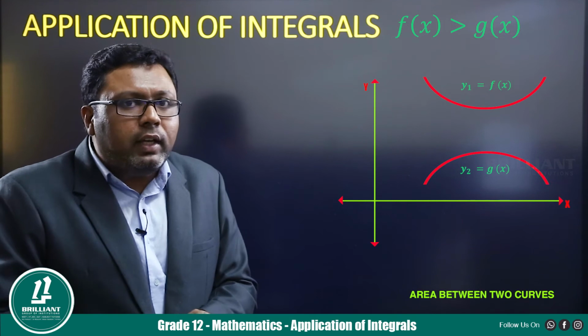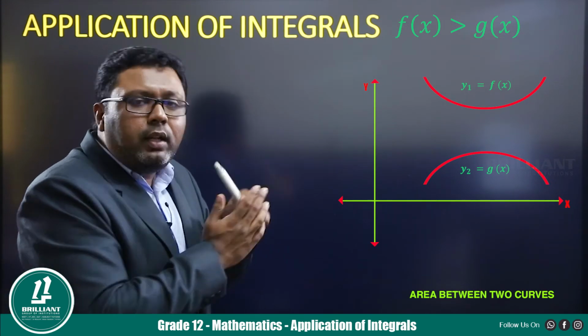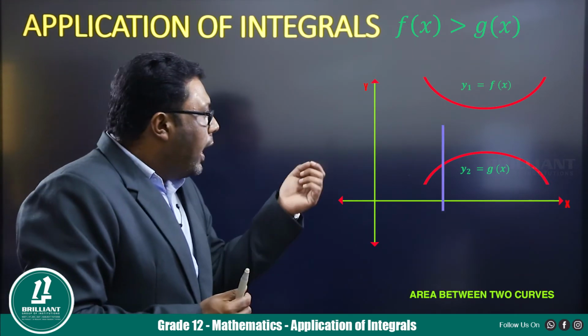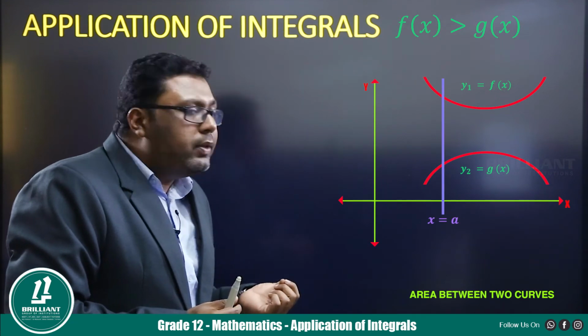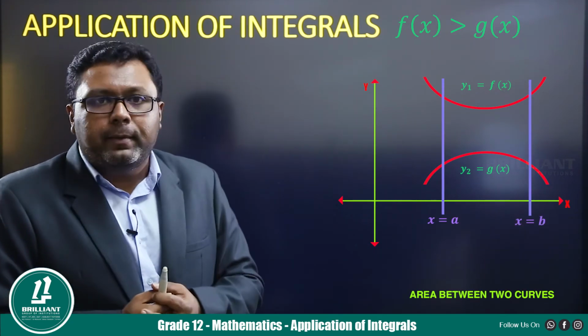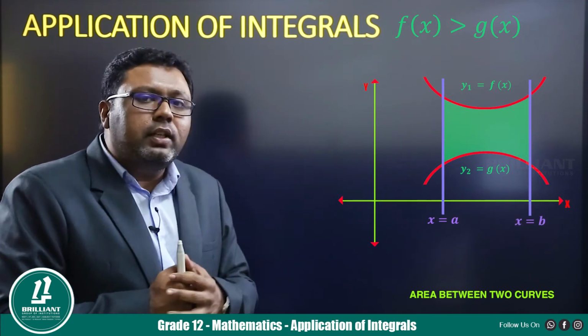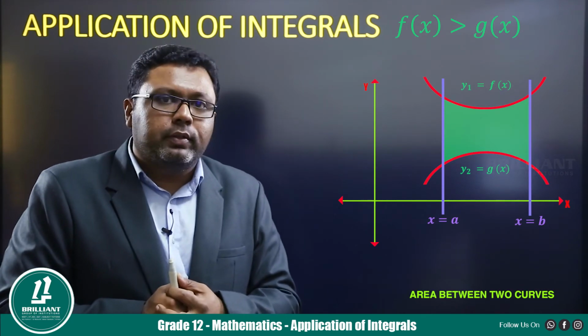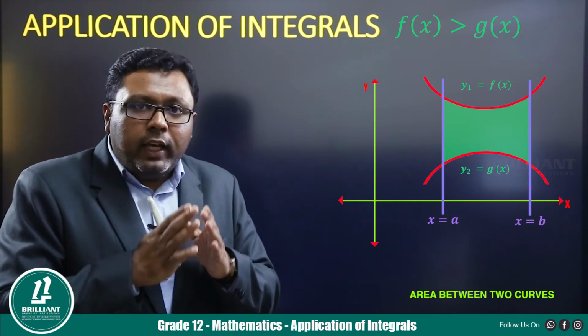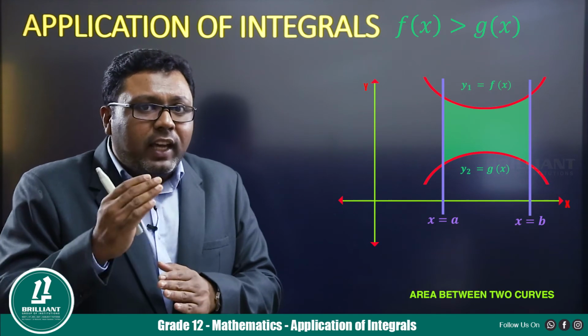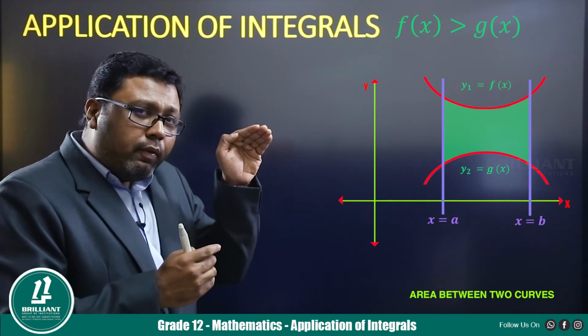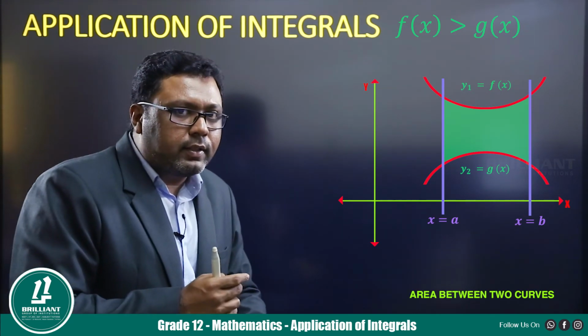Now we are trying to find the area bounded between these two curves and the abscissas x is equal to a and x is equal to b. So this shaded region is the region we are talking about. Now we know that the area function gives the area from the curve to the x-axis.